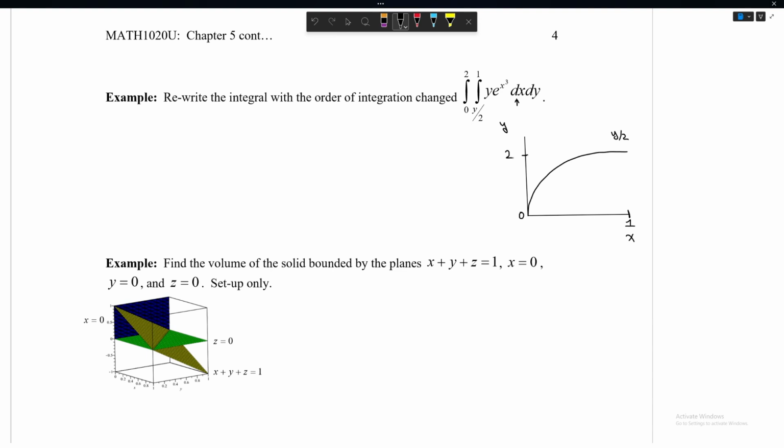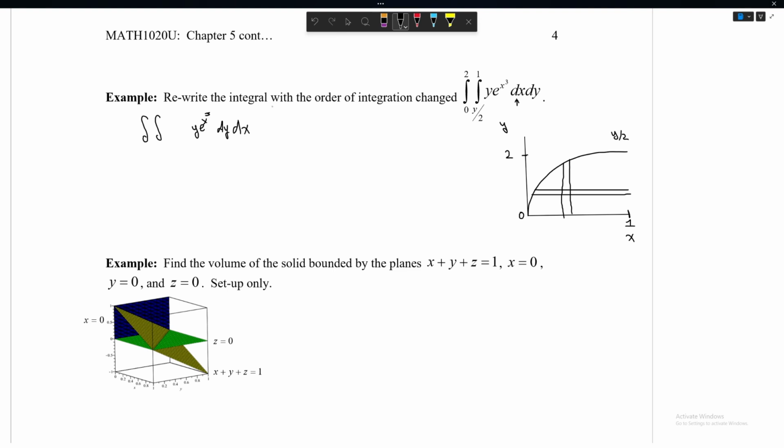Now I want to flip these the way I want it. Right now I'm doing horizontal, because dx comes first. Now I want to take it like this. So if I want to take it like this, I'll write empty integrals, and then I have dy dx.